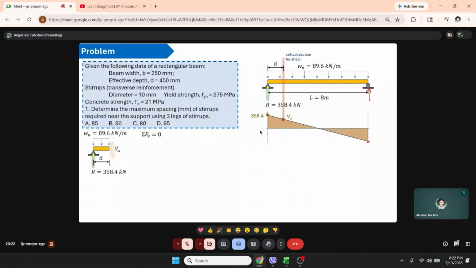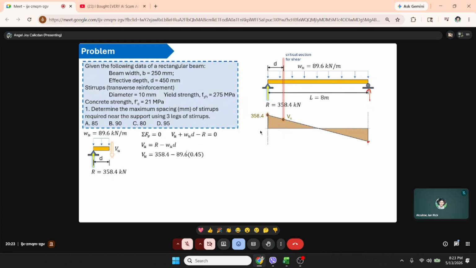And to get VU, we sum up forces vertically. So VU plus wu times d minus R equals 0. All downward is positive, the upward is negative. So isolating VU and substituting the R, wu, and d.